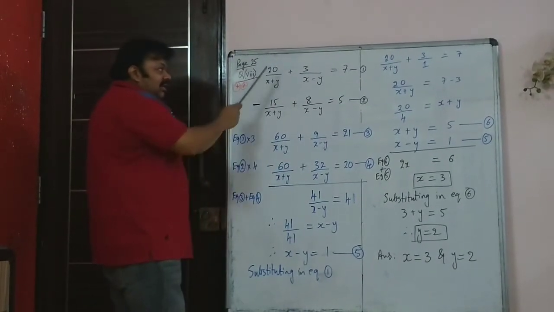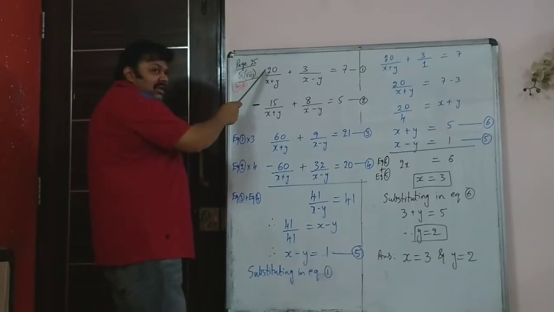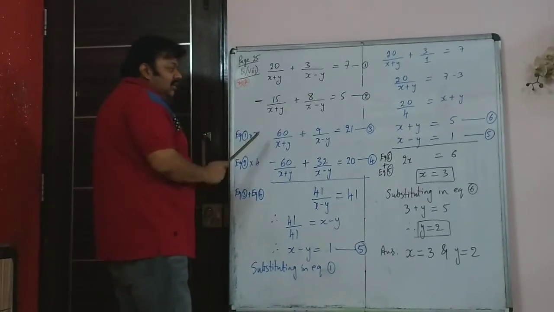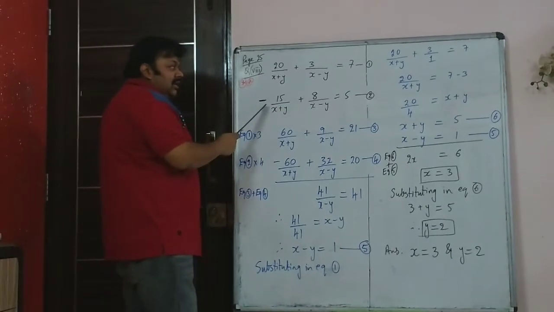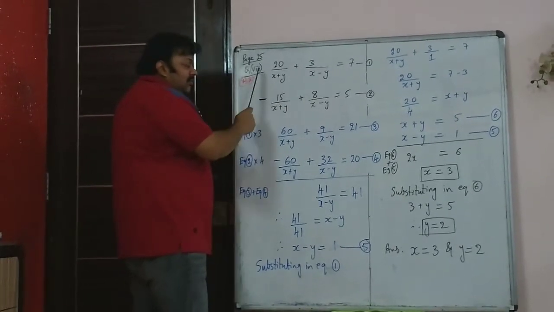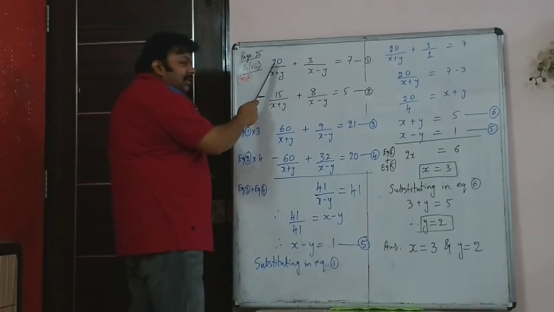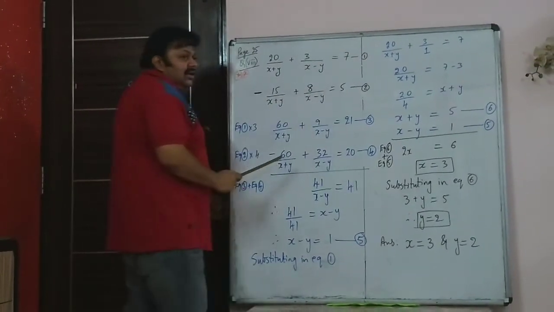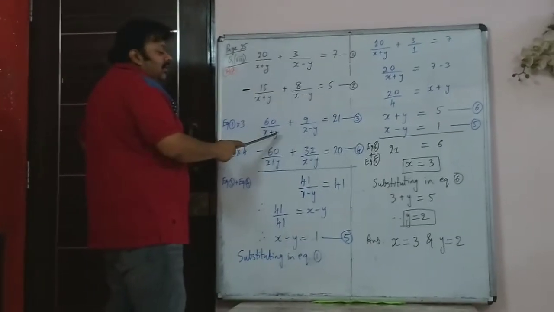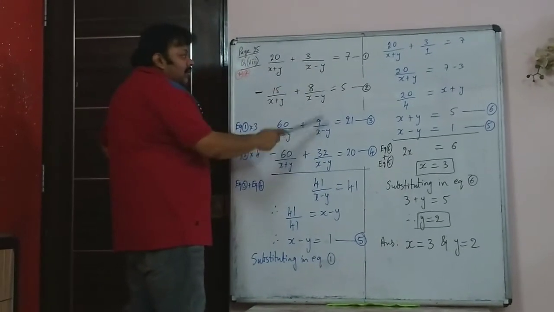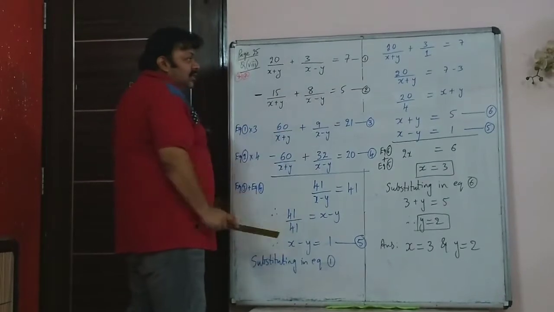In this case, I will multiply this with 3 so that it becomes 60, and this with 4 so that this also becomes 60 and the minus sign. Obviously I can't multiply only this number by 3. I will have to multiply the entire equation, each term, by 3. So it becomes 60 upon x plus y plus 9 upon x minus y equal to 21.